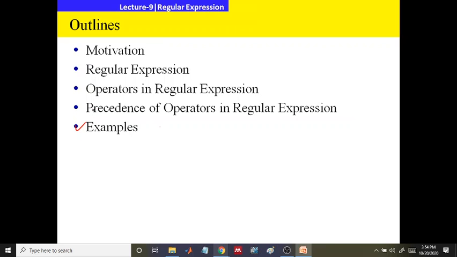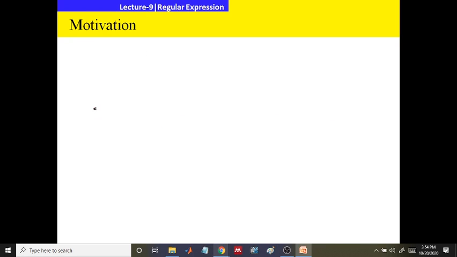So why is regular expression useful? Let me define it. Regular expression can be used to represent an infinite number of strings through a finite number of symbols. For example, if I want to represent all the zeros, I can simply write 0, 0 star.